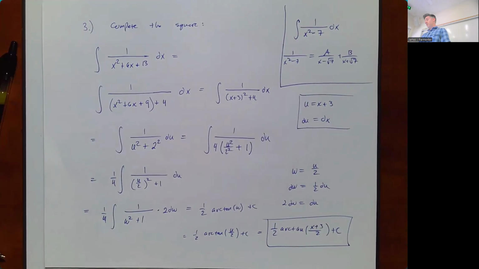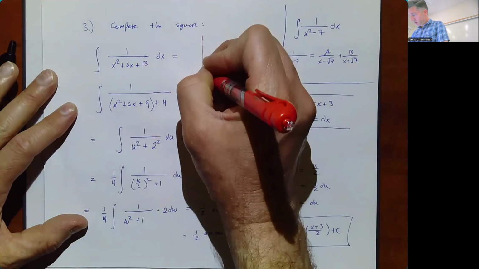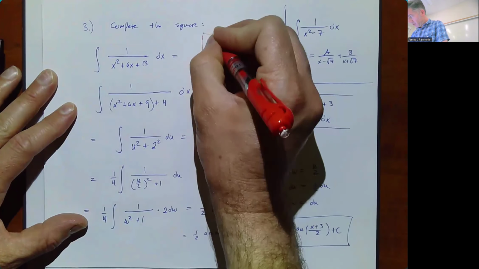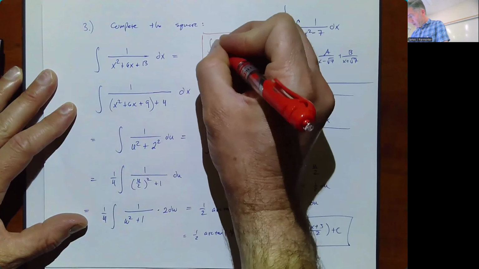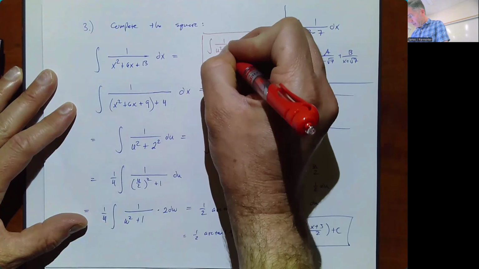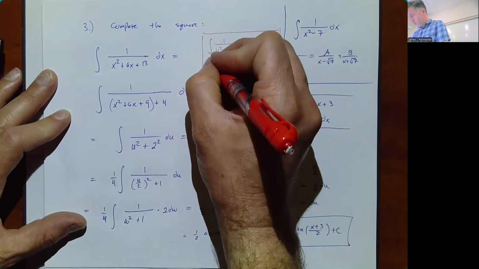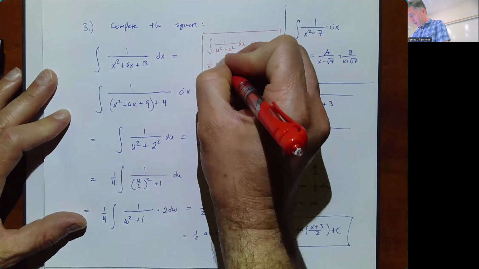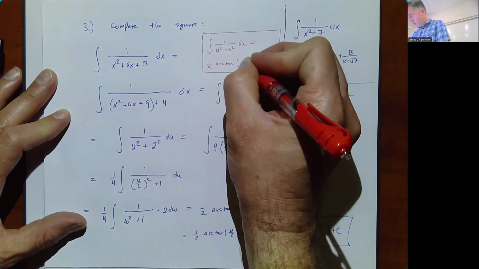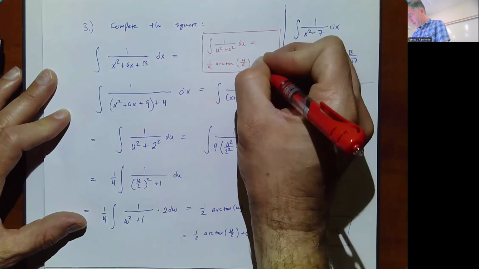But in reality, what I would say is that we get to be allowed to know that the integral of 1 over u squared plus a squared du is equal to 1 over a times the arctangent of u over a.